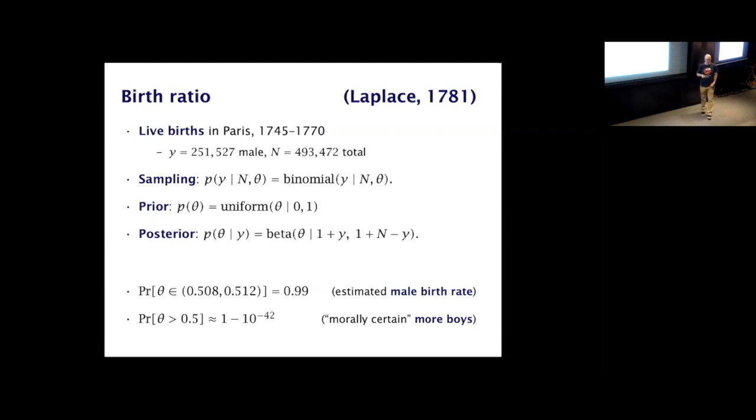So we're pretty sure that it's in that interval. But then we can also calculate the event probability. What's the probability that theta is greater than 1/2? That is, there are more boys than girls. It turns out to be a number really close to 1. So what Laplace wrote is that he was morally certain that there are more boys than girls being born.